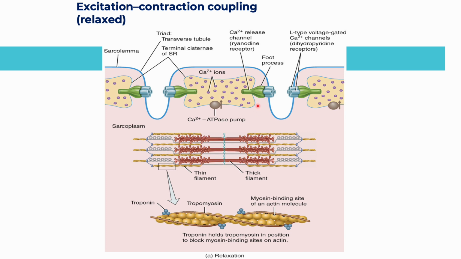And we'll talk a little bit more about them, but very simplistically, they are made up of two parts, two units. They have these dihydropyridine receptors, and then they also consist of a foot process. Okay. So the ryanodine receptors, and then we have the dihydropyridine receptors. Right? These are the two components of this calcium release channel.